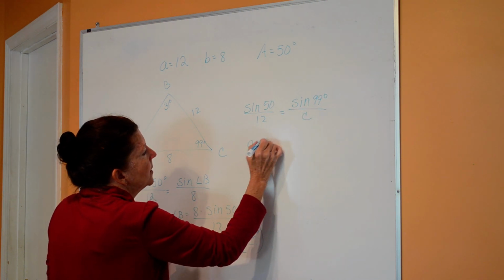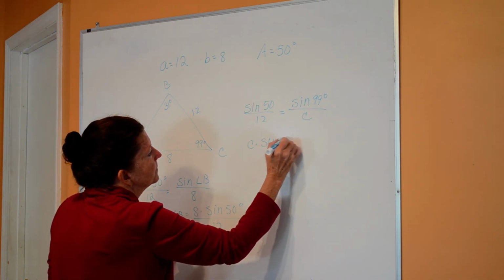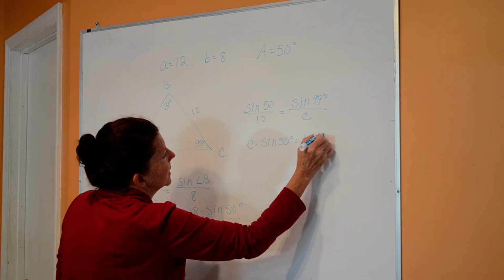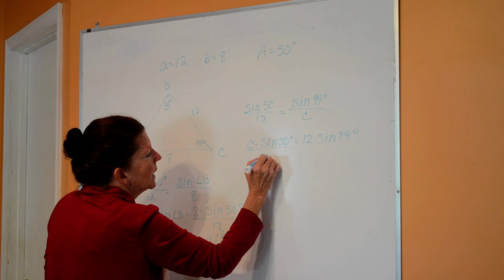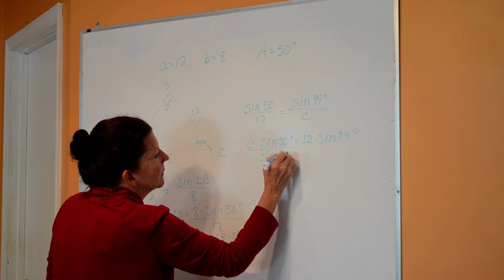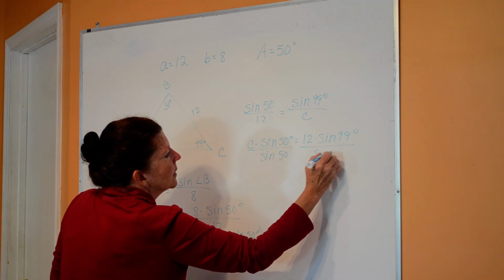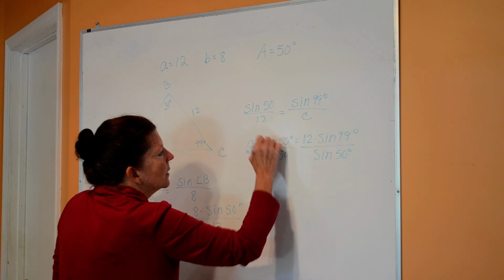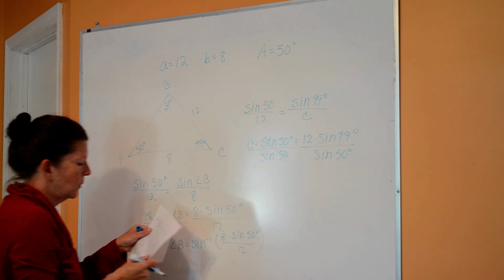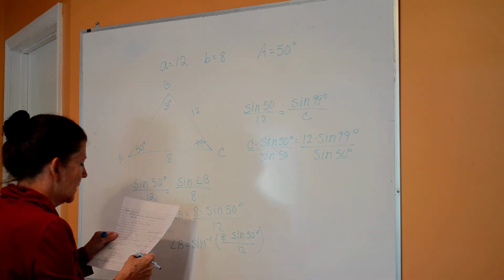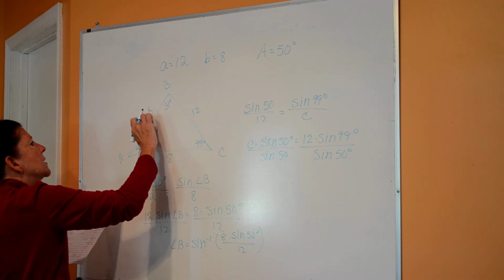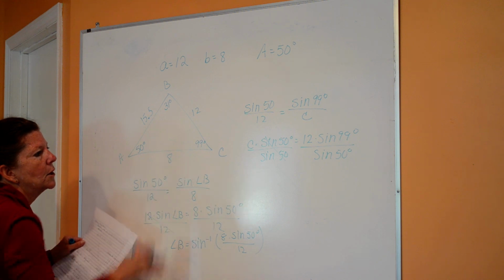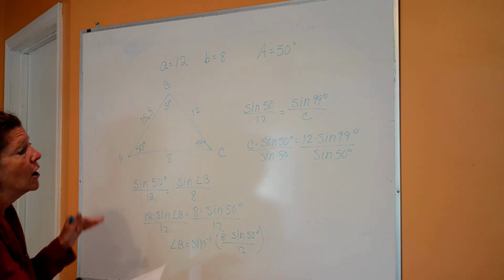So c times the sine of 50 is equal to 12 times the sine of 99. I'm going to divide by the sine of 50. So C, when I do that on my calculator, is going to be 15.5.